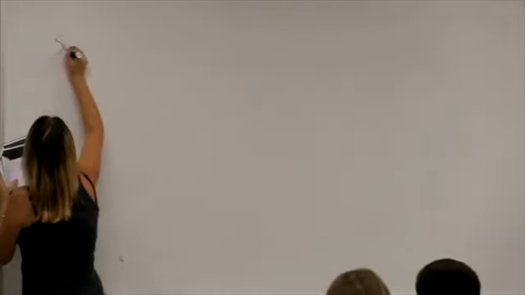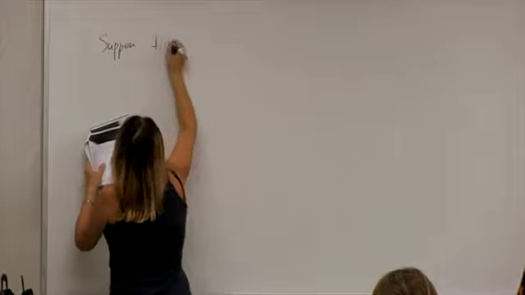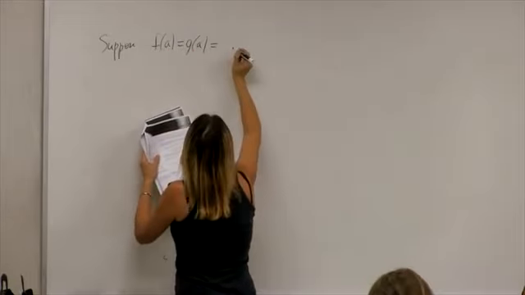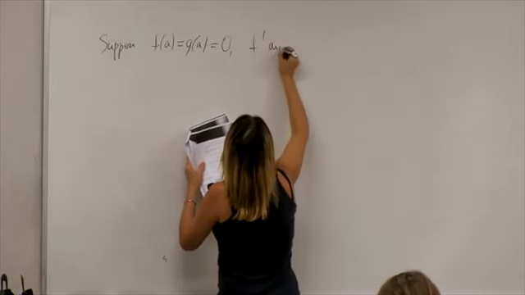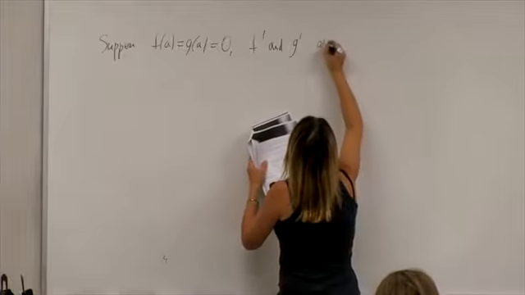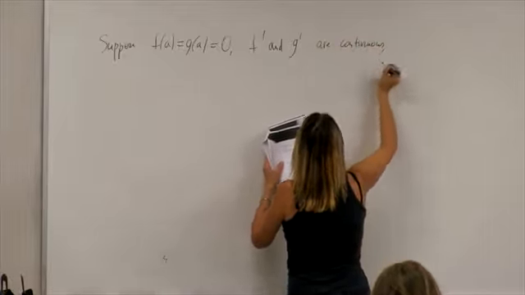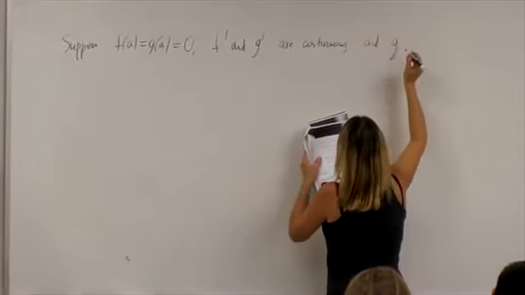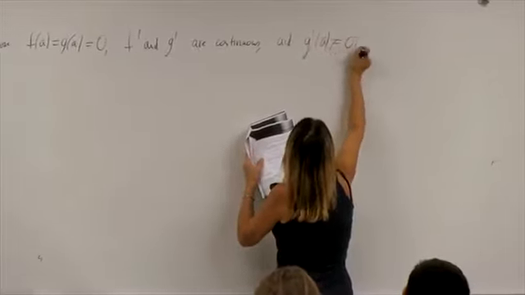So suppose that f of a and g of a are equal to 0. f prime and g prime are continuous. And g prime of a is not equal to 0.